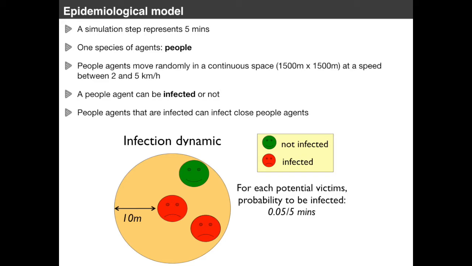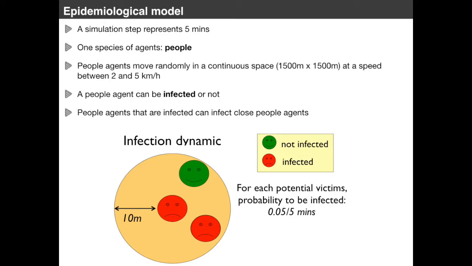In our simple epidemiological model, a simulation step represents 5 minutes. Only one species of agent is taken into account, the people agents. These people agents are going to randomly move in a continuous environment of 1,500 meters by 1,500 meters and contaminate each other.